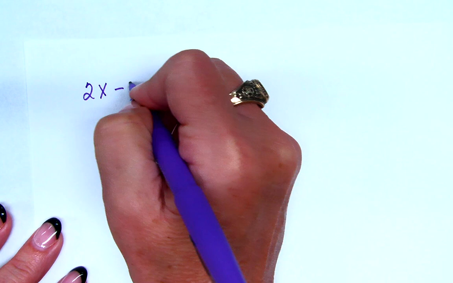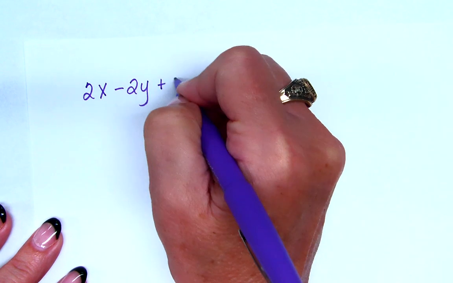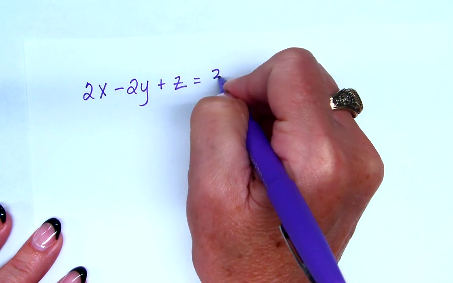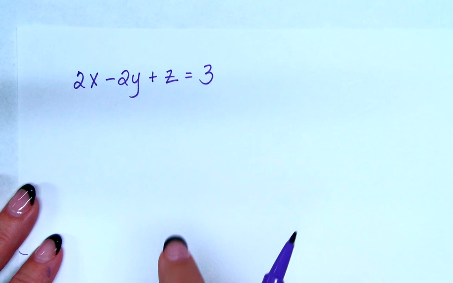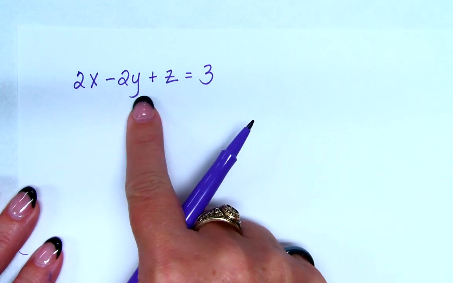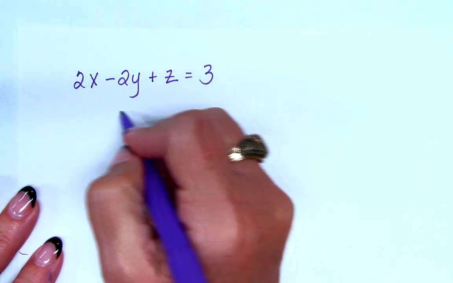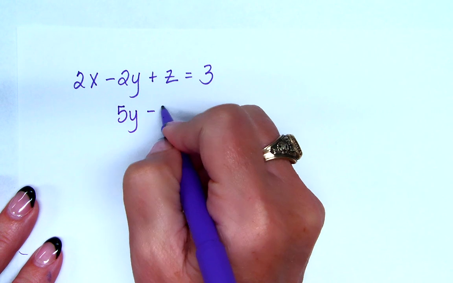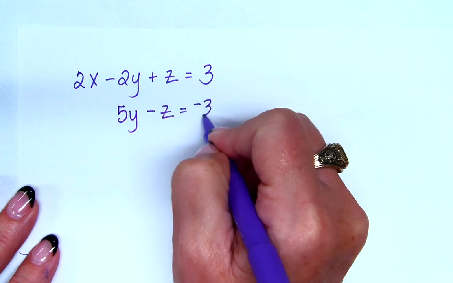2x minus 2y plus z equals 3. 5y minus z equals negative 31.